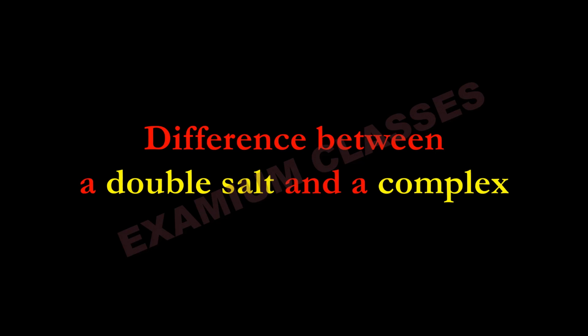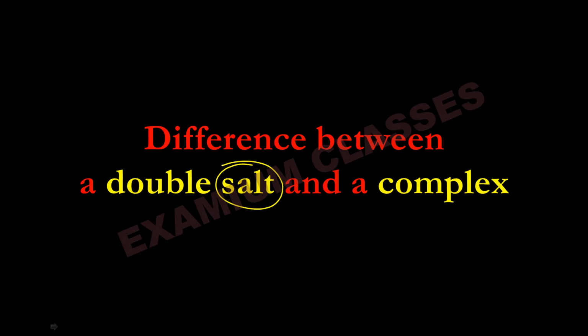The difference which makes coordination compounds different from salts is they have non-ionizable parts. But in salts, everything will be ionizable. If I am saying it's a salt, it means it is not a complex compound. So all species will get ionized in a double salt.